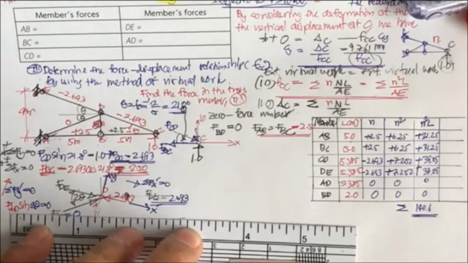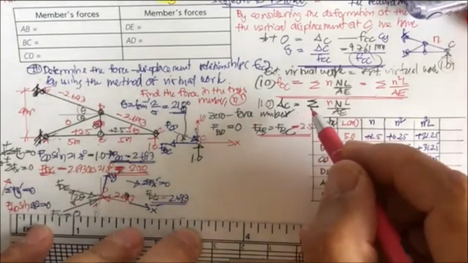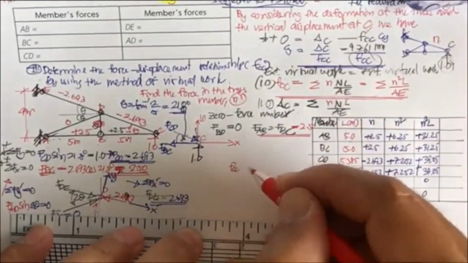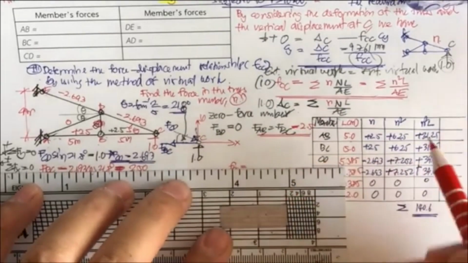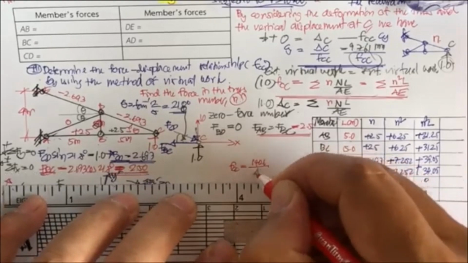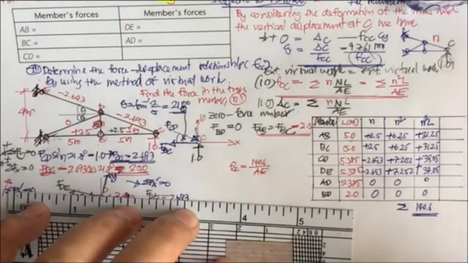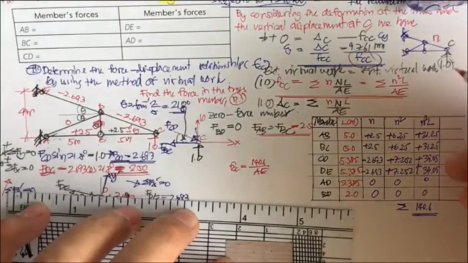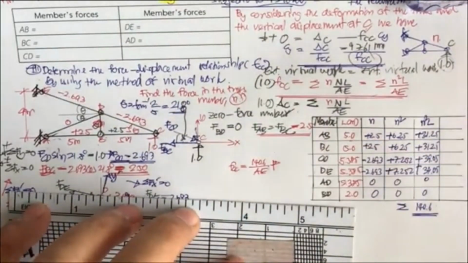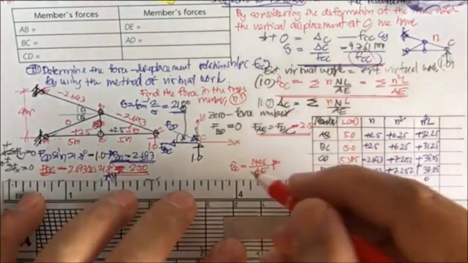And now you can determine the F sub CC. So your F sub CC is going to be this n square L, 140.6, divided by AE. And this is positive, right? So it's going to be up. And this is in millimeter, if you like.